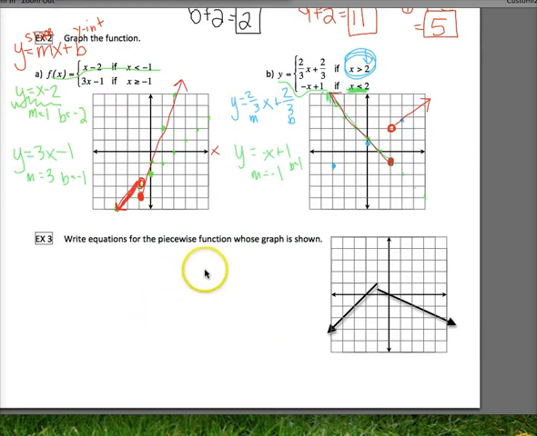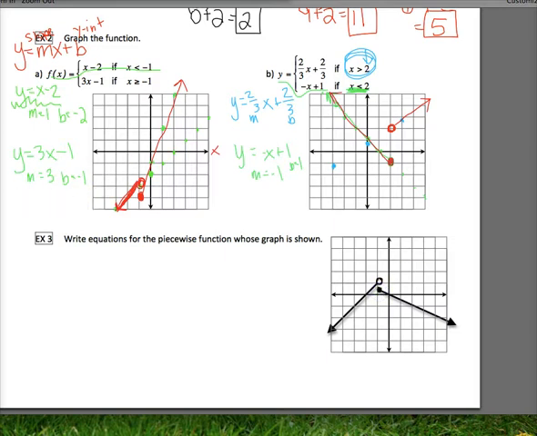Write equations for the piecewise function whose graph is shown. And on your papers, you have the dots here. I don't have them on the computer, so I'm going to put them on now because I couldn't get them on my Word document, at least not the circle small enough. So you've got something that looks like that.